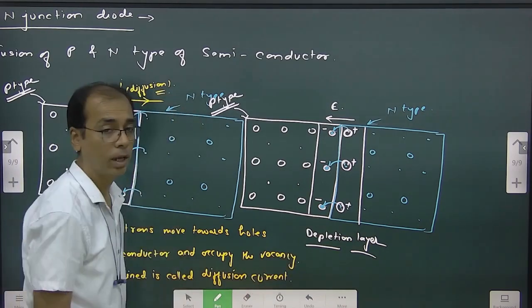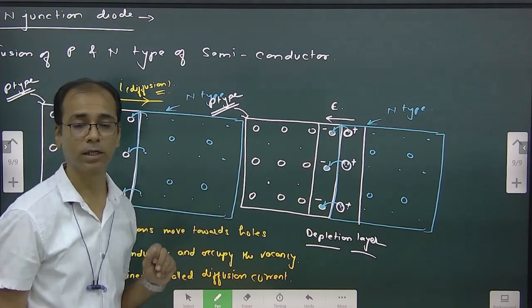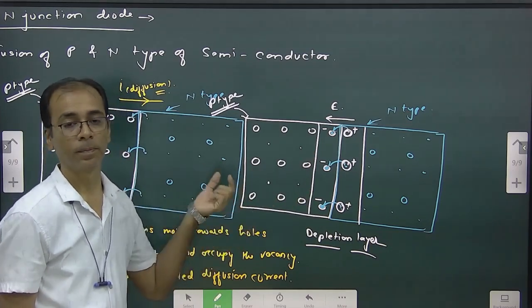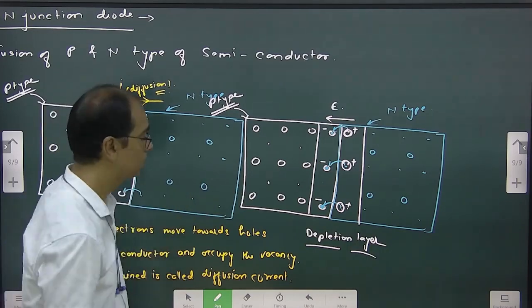Then what happened? As I told you, an electric field is set up. Why? Because the N-type semiconductor has lost the electron and the P-type semiconductor has got the electron.